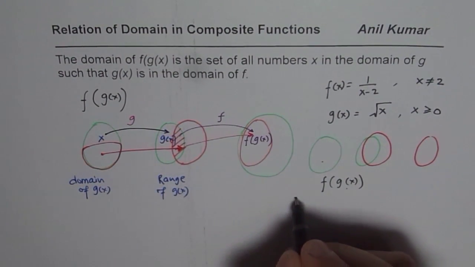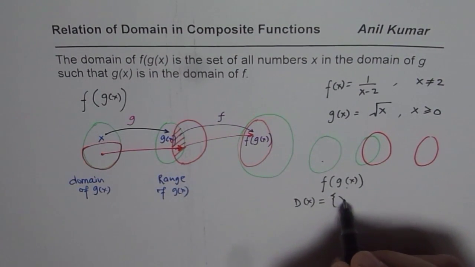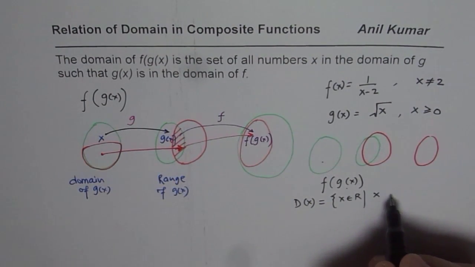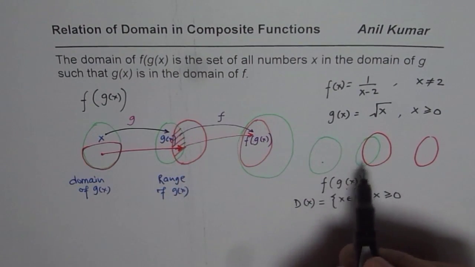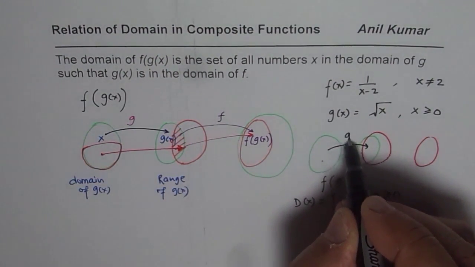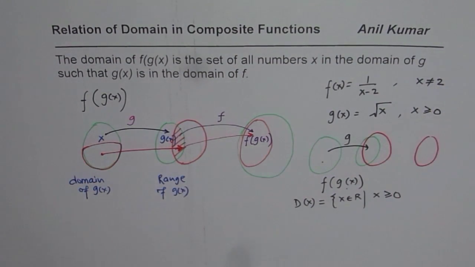So we say the domain in this case is x belongs to real numbers, and the first restriction is that x is greater than or equal to 0, because to give this kind of output by the operation of g of x, x has to be greater than or equal to 0.